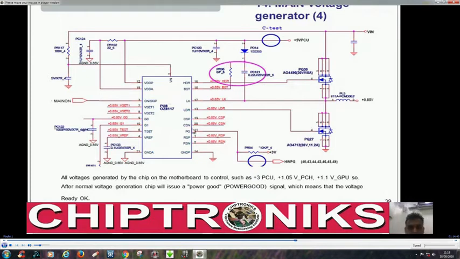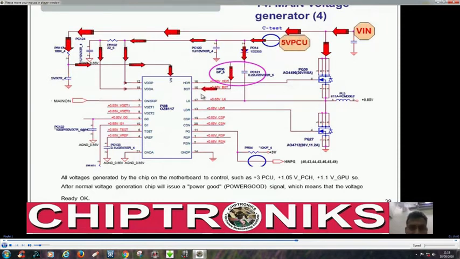Let's see another voltage regulator, that is to generate 0.85 volt. This is the 0.85 volt voltage regulator, and you can see this VIN is the input, and the next is 5 PCU, which is feeding the rest of the VDDA and DST. So we need to check two things, VIN and 5 PCU as input, and another main input as main on.